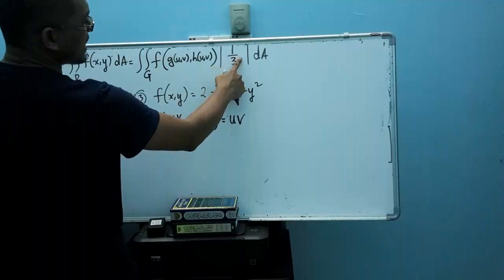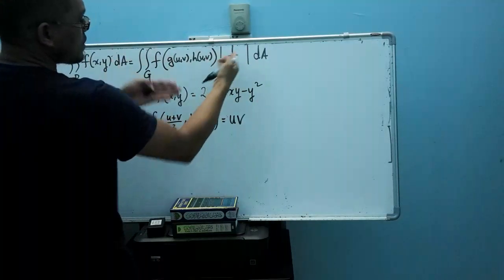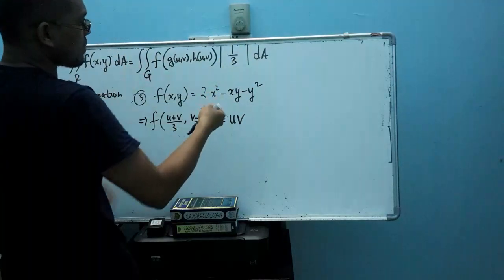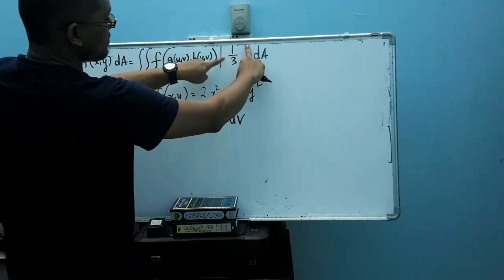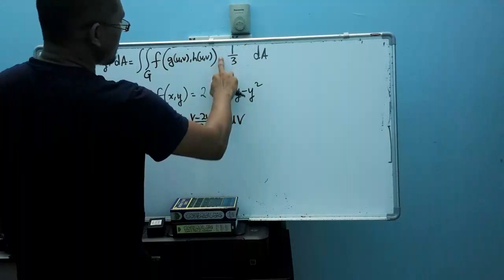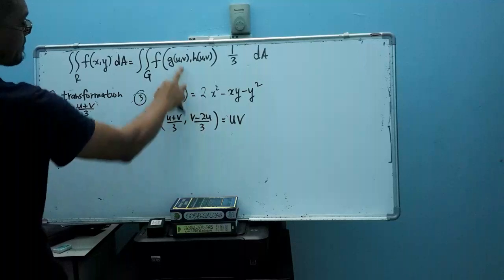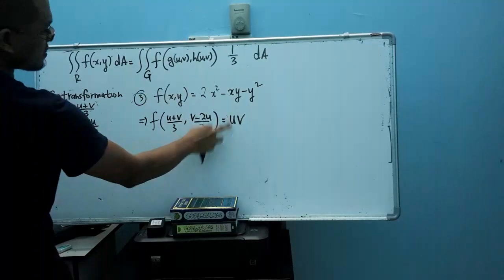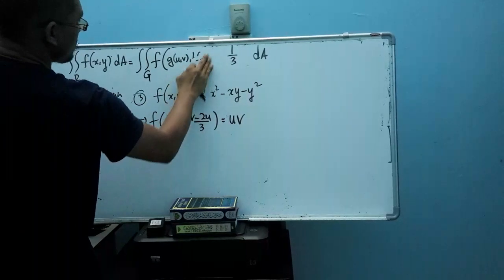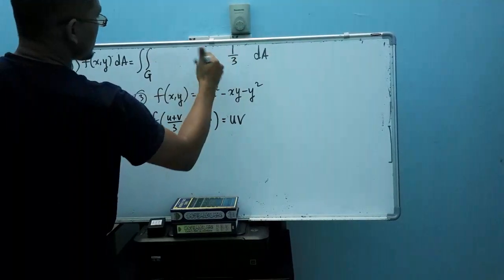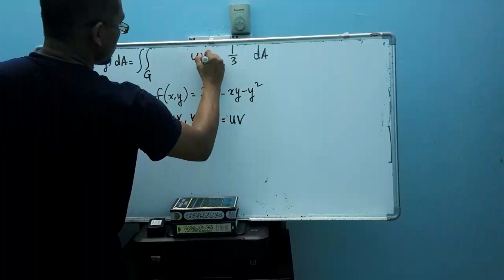This value can be negative, and when it is negative, taking the absolute value always gives a positive. I already found this one is equal to uv, so therefore I only have uv here.